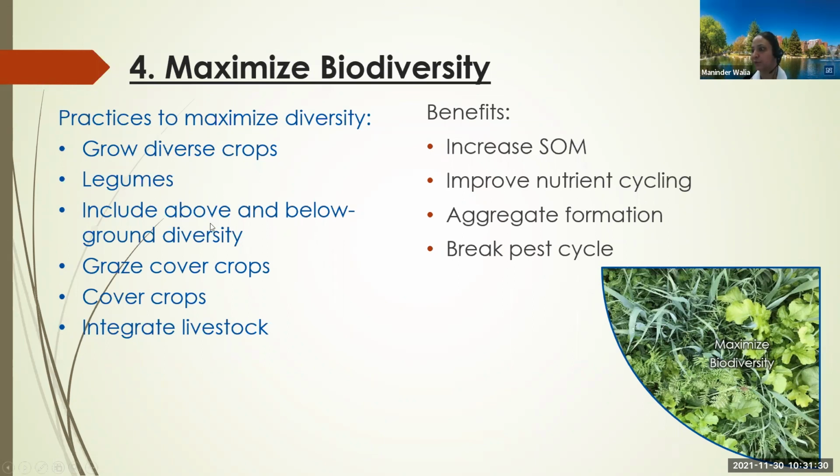It will help to increase the diversity, not only above, but also below ground. And if we add grazing animals to the cropping system, it's another means of increasing the diversity in the system. The addition of livestock also helps with nutrient cycling and adds organic matter to the soil.